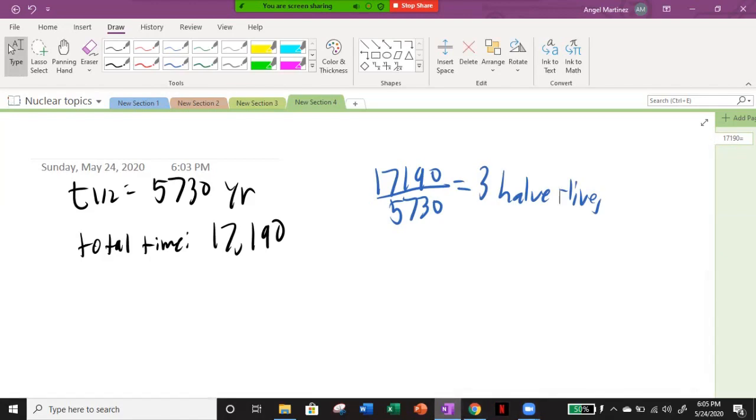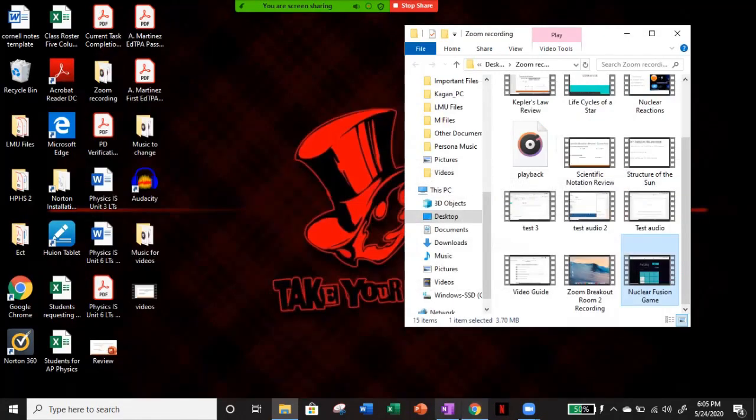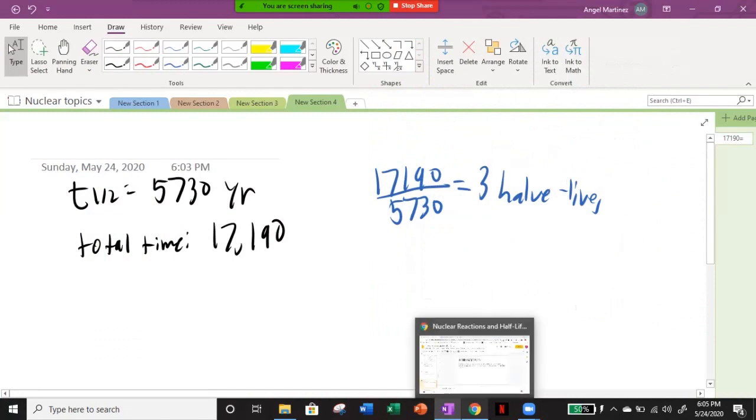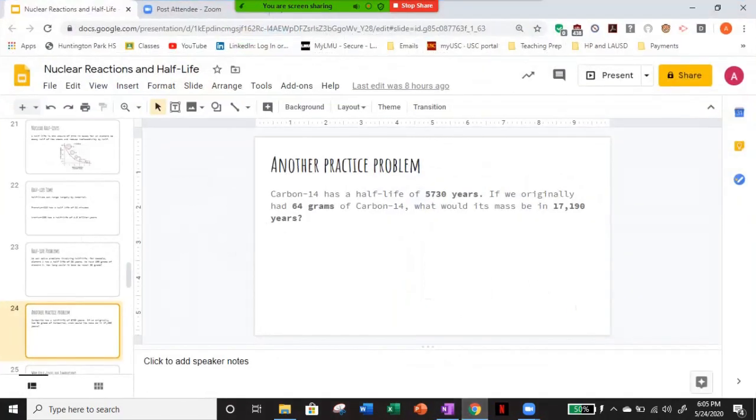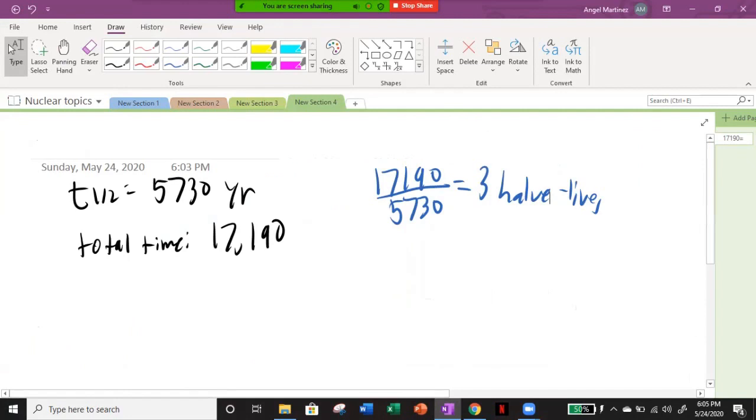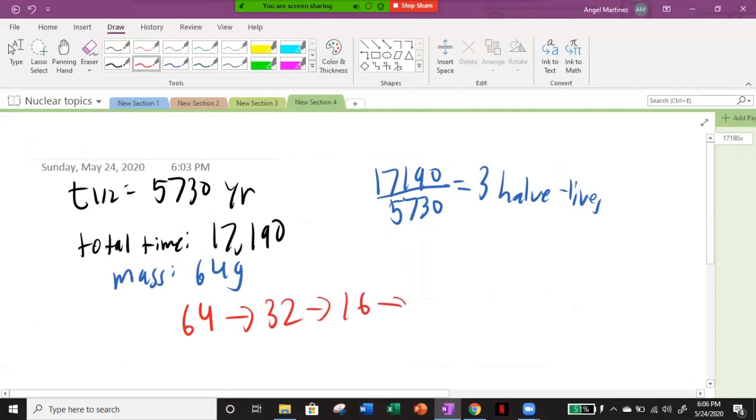Then we said we originally have 64 grams of carbon. So we're going to start with 64 grams and go through 3 half-lives. One half-life will go to 32. Another half-life will go to 16. And the last half-life will go to 8 grams.